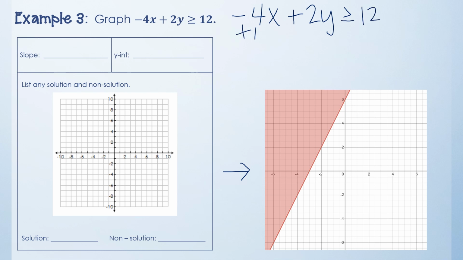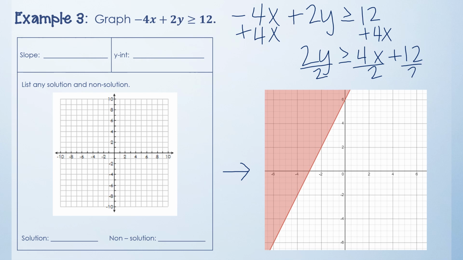So again, to do that, I would move the x to the other side of the inequality. I'm not combining the 12 and the 4x together. I'm just moving that x to the right-hand side.